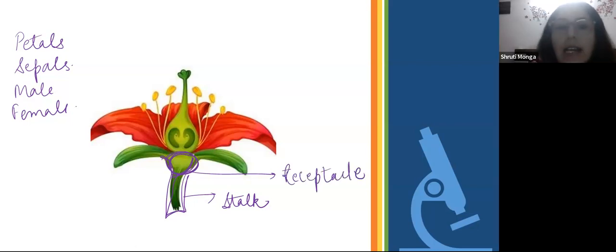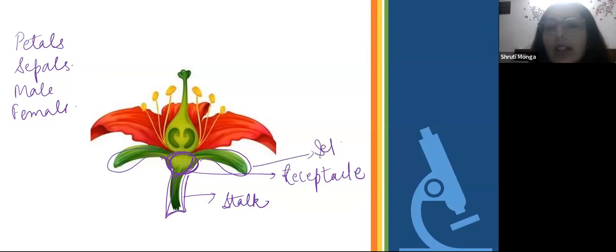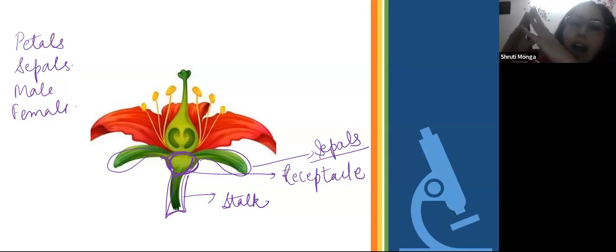Now you can see small green leaf-like structures present at the base of the flower. These are known as sepals. What do the sepals do? You must have seen a rose bud.